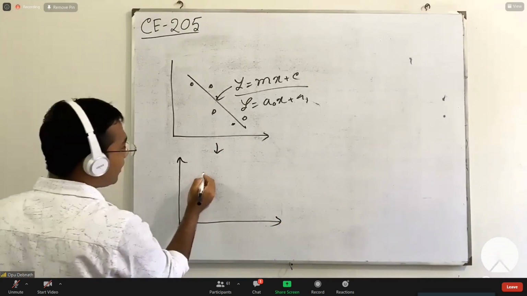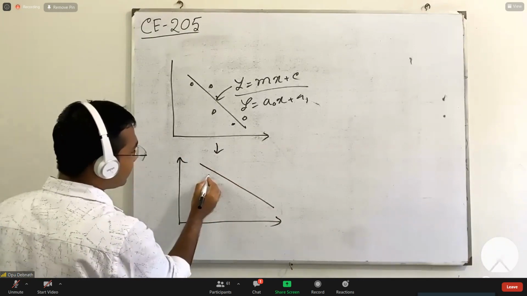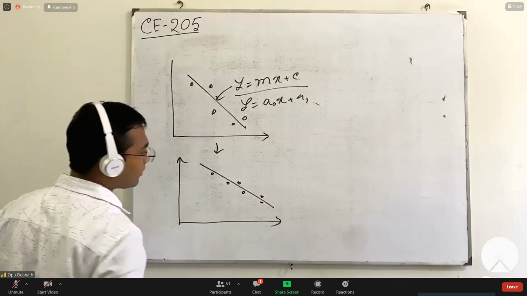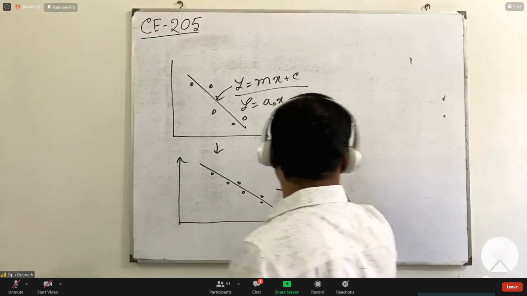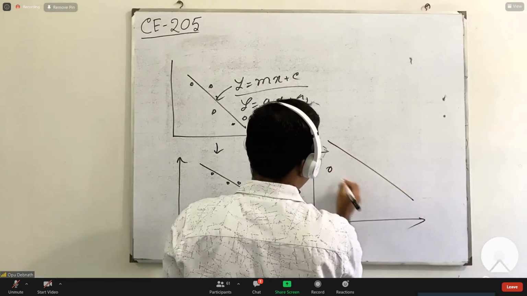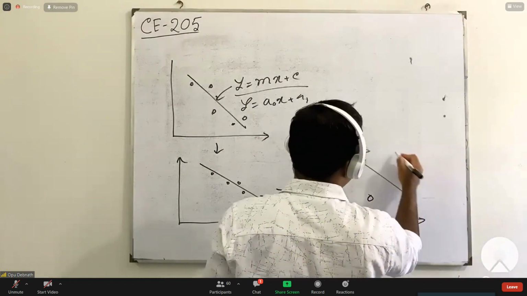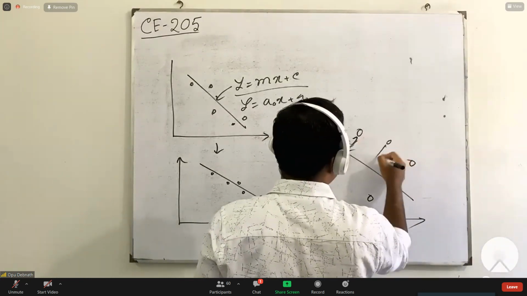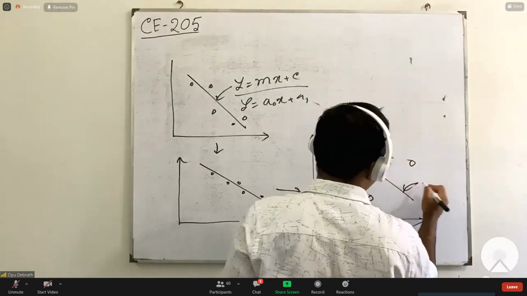Suppose you fit a line with a set of data where all the data are close to the fitted line. On the other hand, you may find a set of data where the data points are far away from your fitted line.